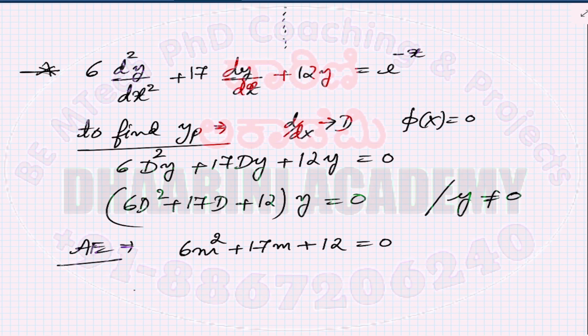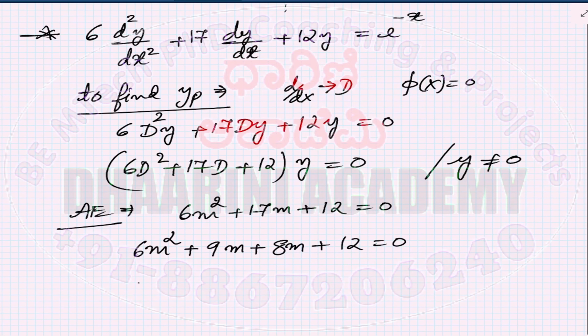Now again there are multiple ways you can solve. You can use a calculator, but I will go with factorization itself. That's easiest here. So 6m² plus 17m plus 12, I can split 17 as 9m plus 8m plus 12 equal to 0. Let me take 3m outside, so this becomes 3m(2m plus 3).